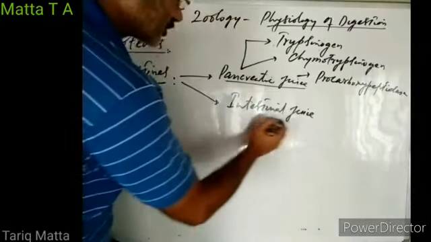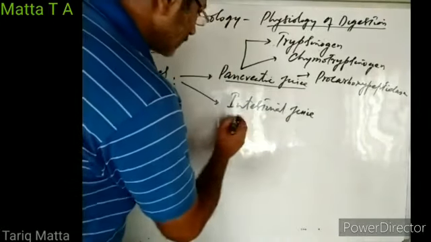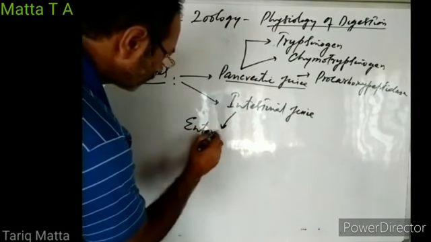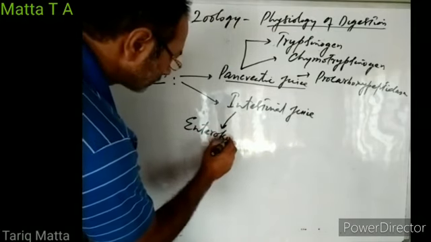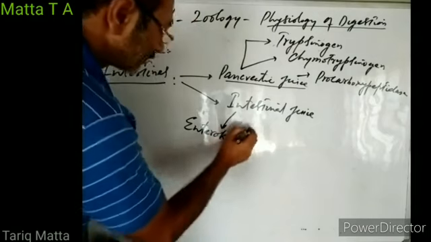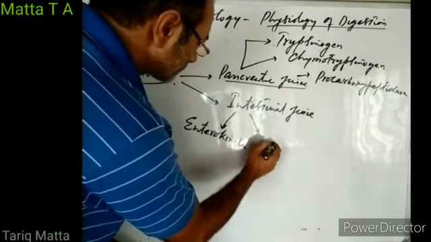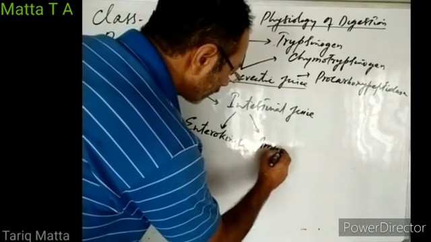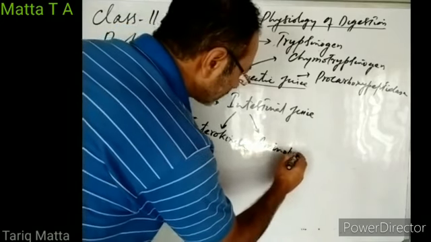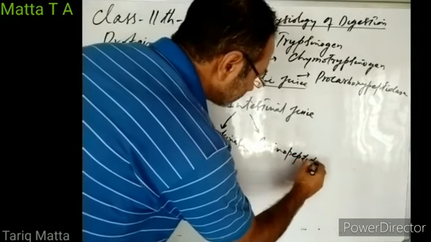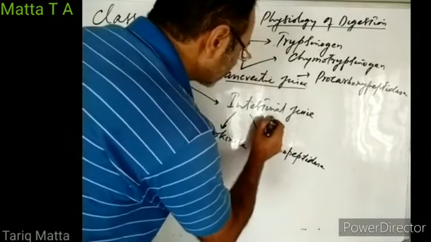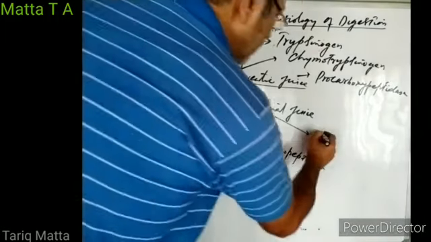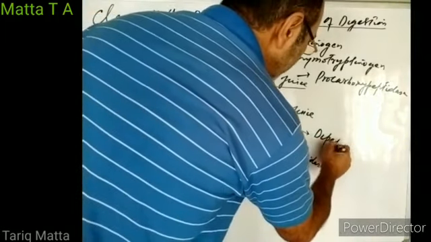In intestinal juice, there is an enzyme known as enterokinase. Then there is another enzyme known as aminopeptidase. And then there is another enzyme present in intestinal juice, which is known as dipeptidase.